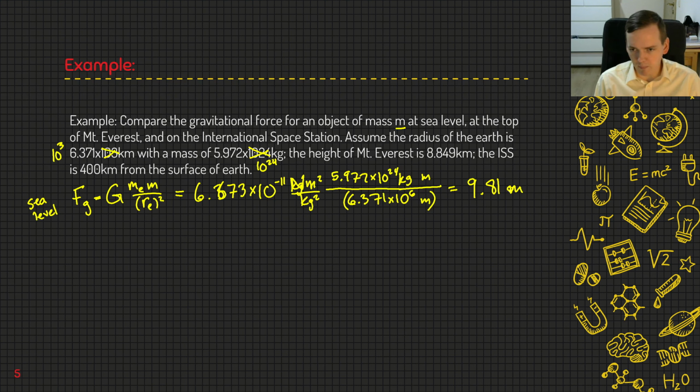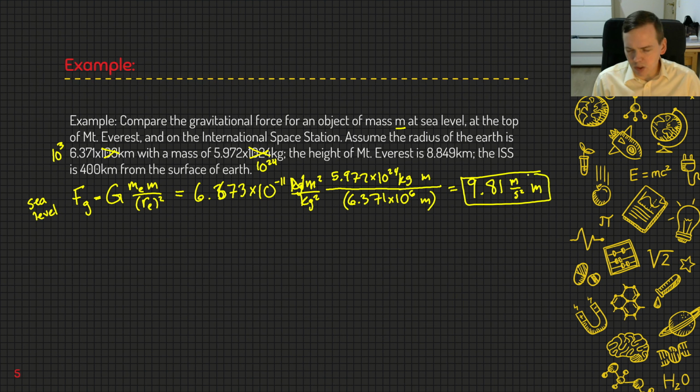The units should be newtons per kilogram, 9.81, which would also be meters per second squared, because a newton per kilogram is a kilogram meter per second squared per kilogram, which is the same as meters per second squared, times mass m.